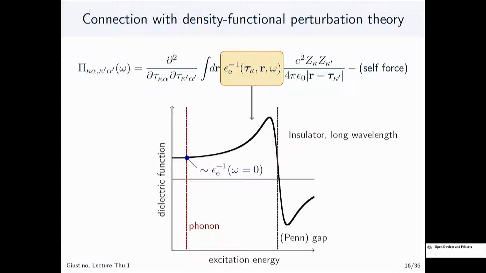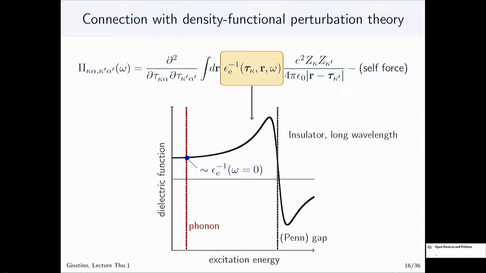So at this point, one could say, instead of keeping a complete frequency dependence here, I could replace this function by its static approximation. I say, well, I don't want to keep all of that. This information is a bit unnecessary, so I just work with the frequency here at omega equals 0, okay? And that's going to simplify my life. And maybe the approximation is not going to be too bad.